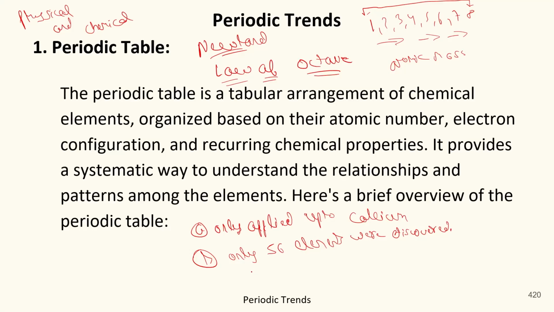So there was no guarantee that this would also apply to further elements discovered in the future. Newland stated that only 56 elements existed and beyond 56 no element would be found. But today we know there are a total of 108 elements. So Newland's law of octave also failed.